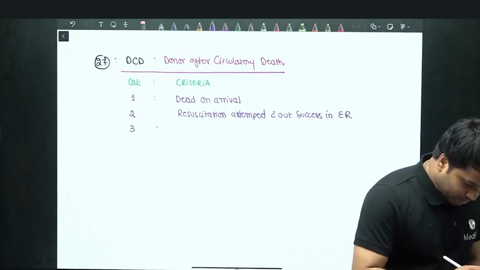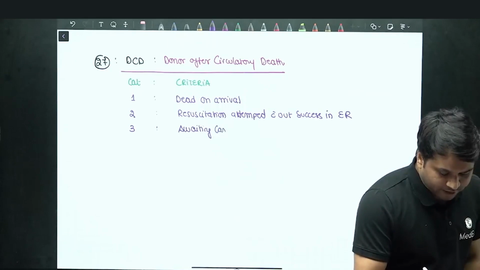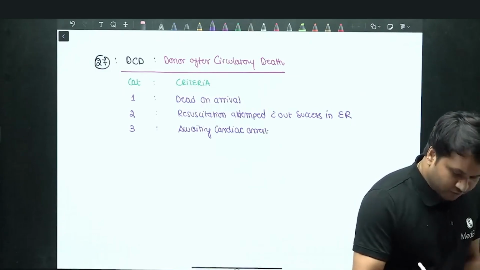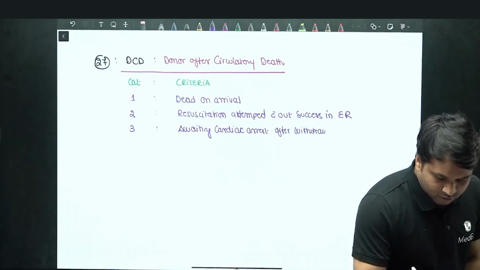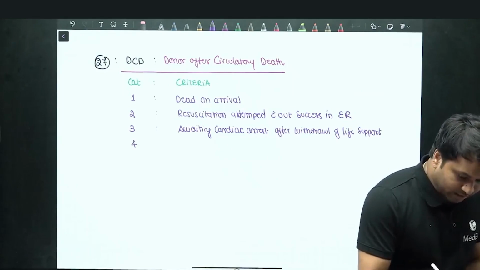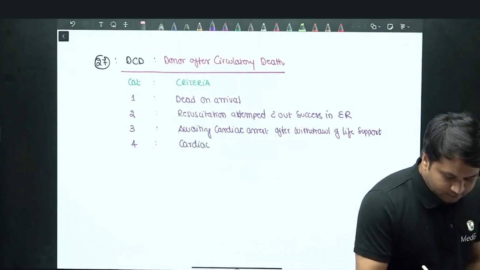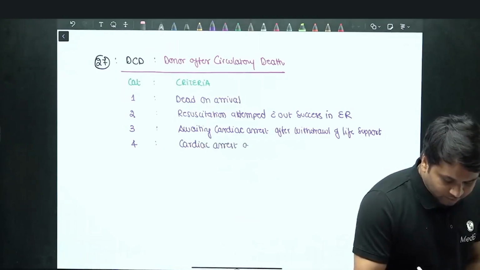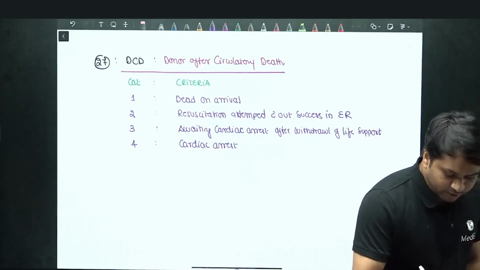Category 3 is awaiting cardiac arrest after withdrawal of life support. Category 4 is cardiac arrest after brain death, while the patient is brain dead.